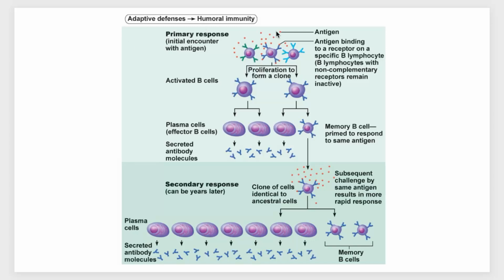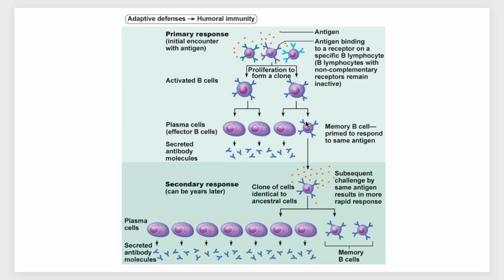But of course, you have that initial exposure to an antigen. It's going to expose these initial white blood cells to these specific B lymphocytes, and then we're going to get our activated B cells that are then going to produce plasma cells that then make those antibodies to target the antigen so that it can be selected for destruction.